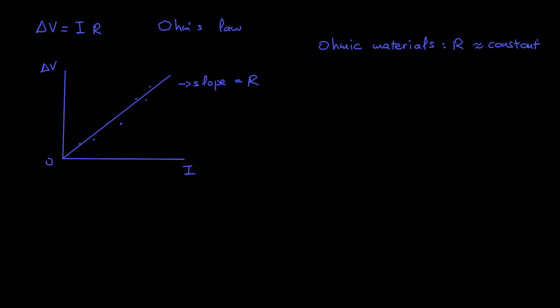Now there are some. You may start here, and then as you increase the delta V, you may start here, and then your slope may increase.